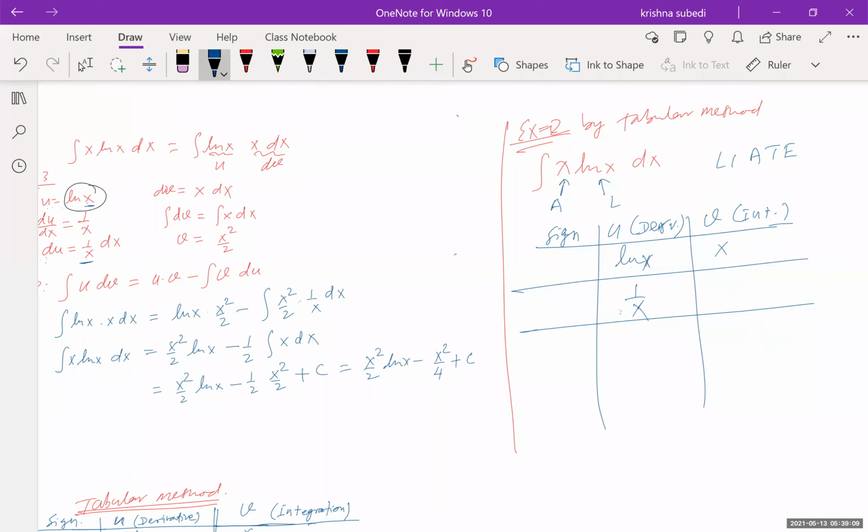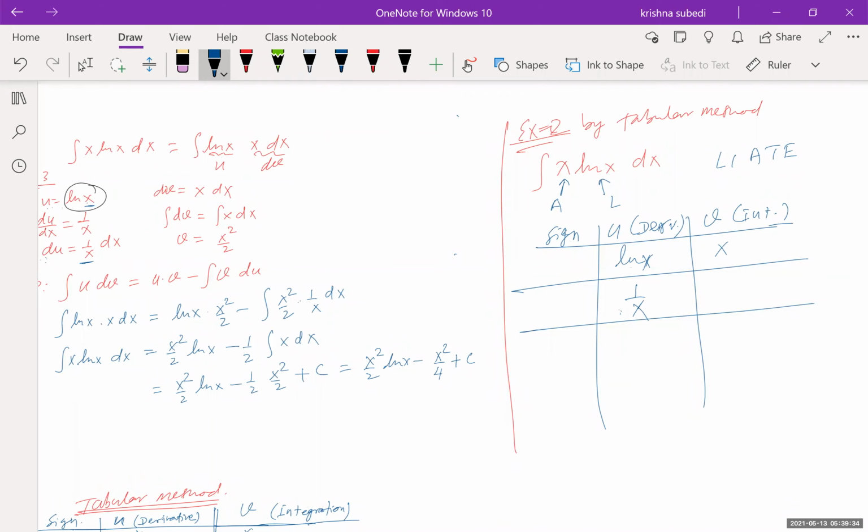Let me repeat that. First, try to get 0 by differentiation. But if you think that it is never going to be 0, then look at whether the function changes its type or whether the function repeats by itself. So there are only 3 conditions that you need to look at.